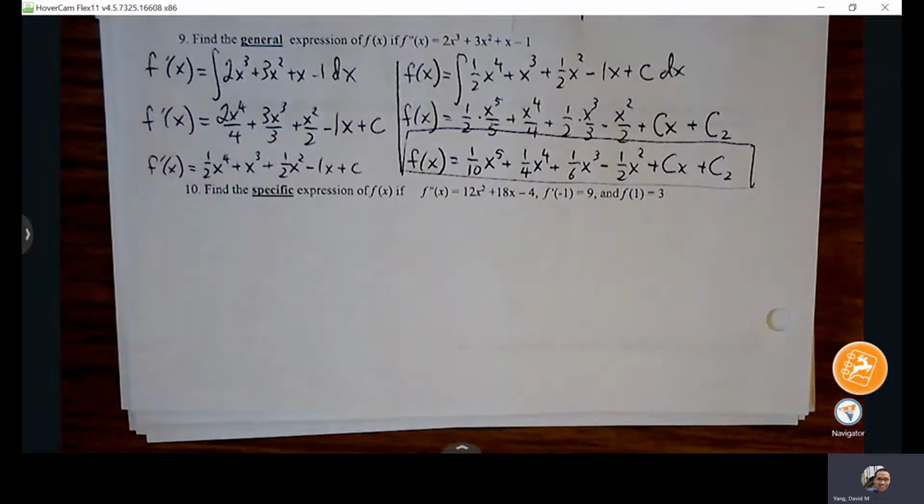All right, so now I'll find the specific expression. Each time we go through the antiderivative, a plus c shows up, and then we're going to try to resolve that c with a numeric constant.